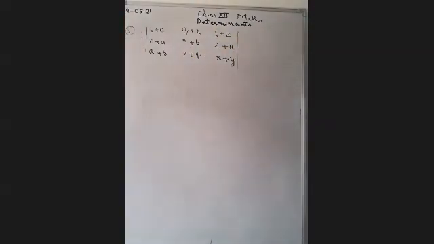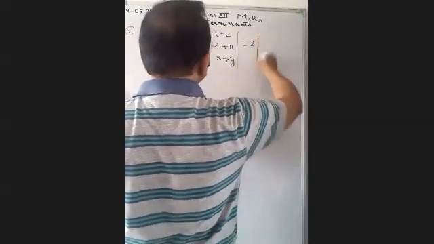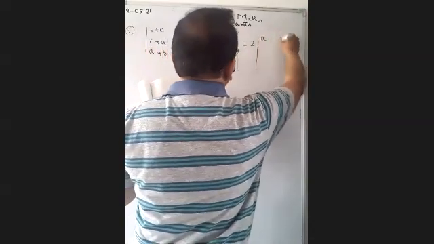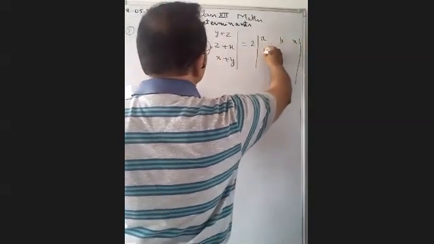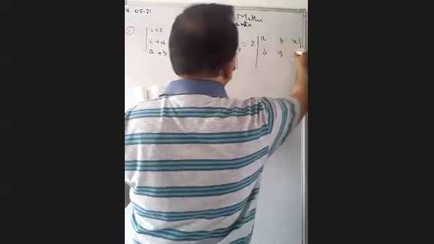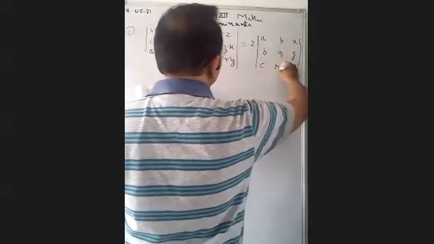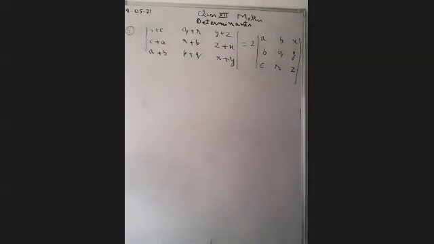What do we have to prove? We have to prove it is equal to twice the determinant of A P X, B Q Y, C R Z. We have to prove this one.